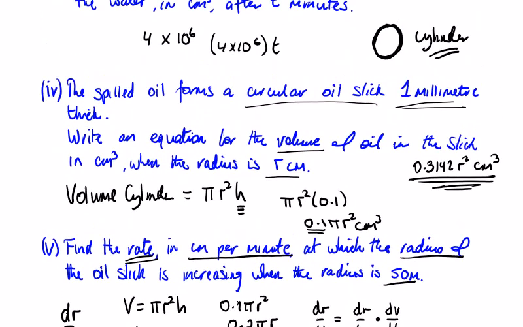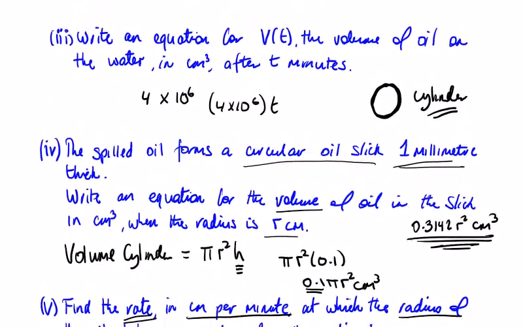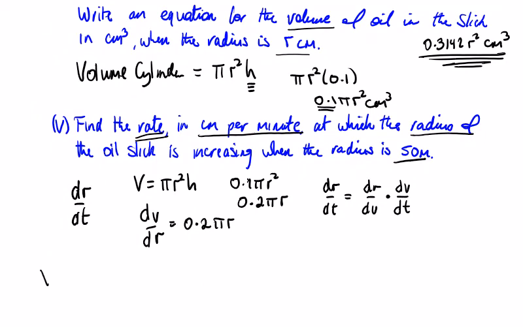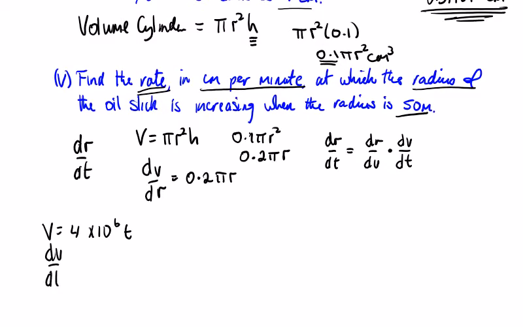And that will bring me back to, I have volume in terms of t up here. That's why they've asked us this question. So V is equal to 4 by 10 to the power of 6 times t. So if I differentiate 5t, I get 5. So it's just the constant in front of it. dV dt is 4 by 10 to the power of 6.